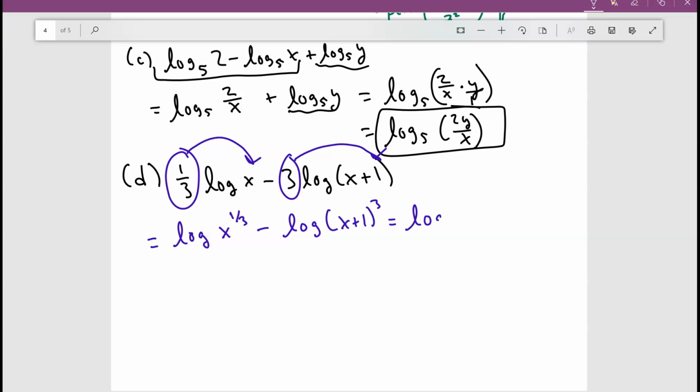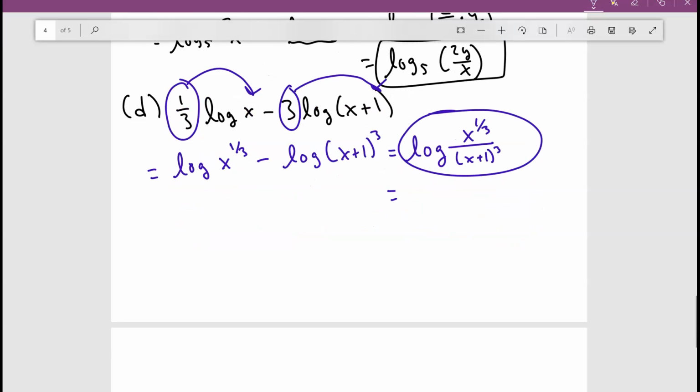So we're going to have log x to the 1/3 over x plus 1 to the 3rd power. This can be the answer if you want, but if you want to be a little bit cooler, you can write it as the cube root of x over x plus 1 cubed. Both of these are the correct answers. There's not one that I care about more than the other. They're both correct.